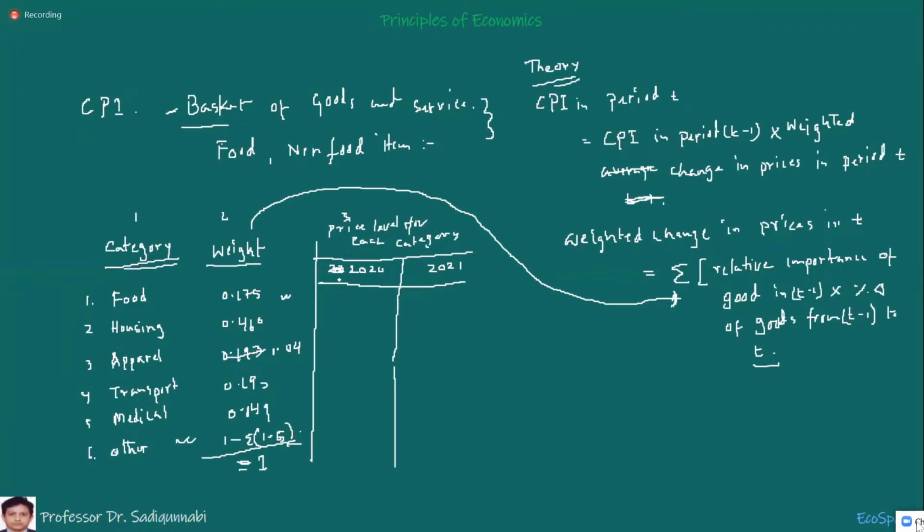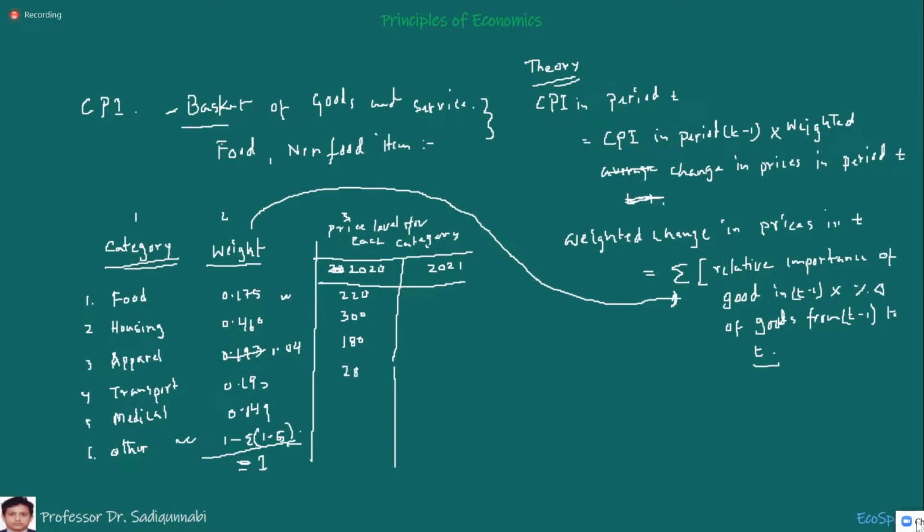So suppose that in 2020, the price level for food was 220. Then housing could be 300. Then apparel could be 180.